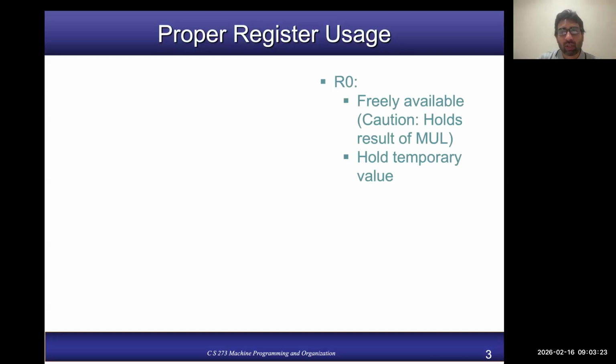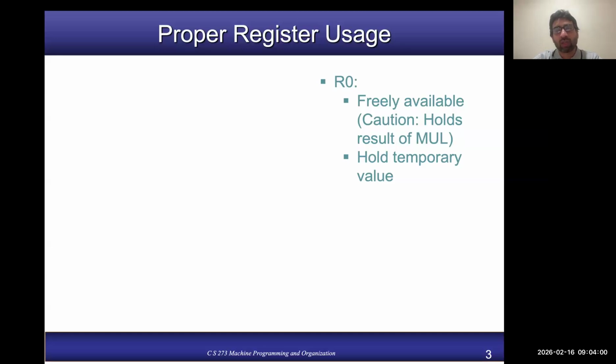First is the R0 register, which is freely available. Freely available means that you can put any data in it. However, you need to be careful when you are using the multiplication instruction. Later in our lecture, you will learn that when you multiply two numbers and both numbers are 8-bit, the result can be as long as 16-bit, right? So when you multiply two numbers, the lower 8 bits of the result are saved in R0, and the higher 8 bits of the result are saved in R1, right?